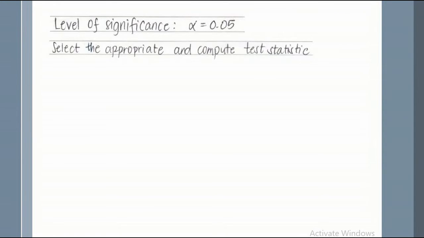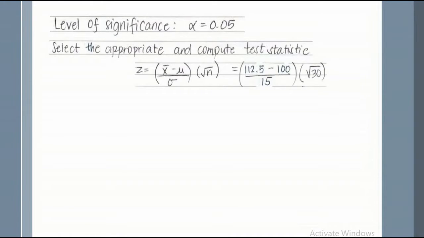Select the appropriate test and compute the test statistic. So we will use the z-test since n is greater than or equal to 30. So z is equal to x bar minus mu over sigma divided by the square root of n.